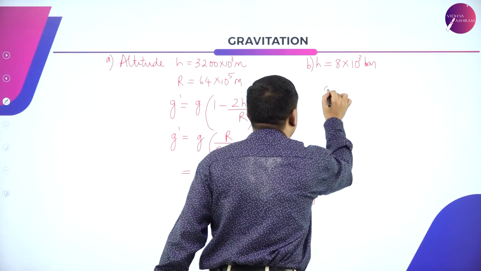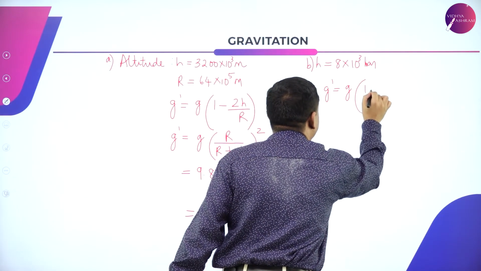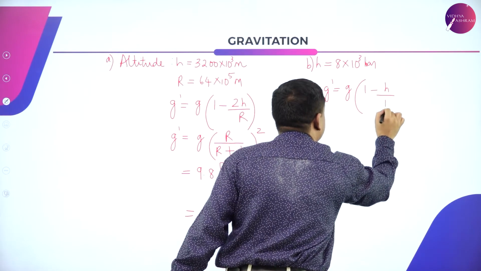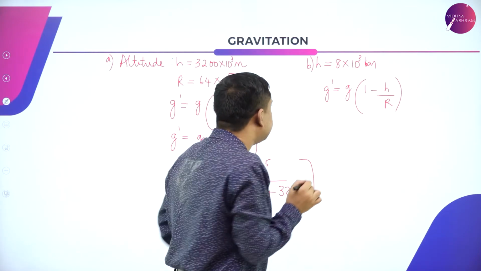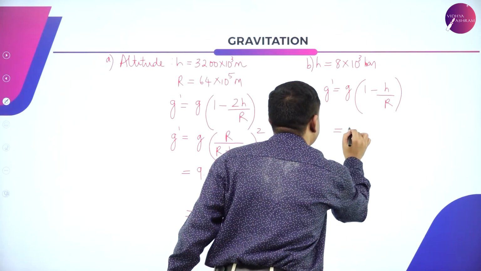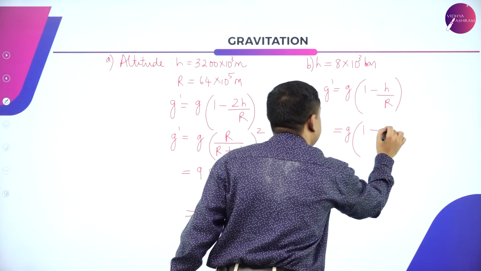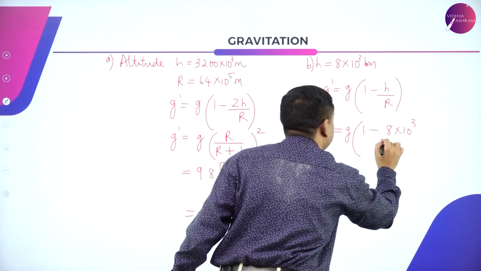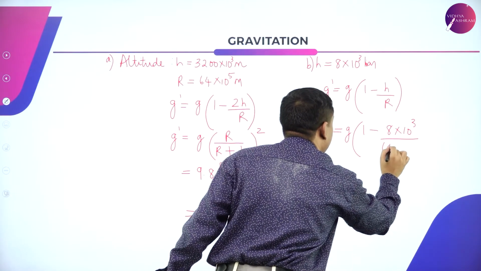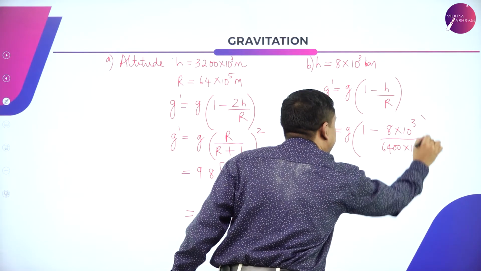So we know here G dash is G into 1 minus h divided by r. This is equal to G into 1 minus 8 into 10 power 3 divided by 6,400 into 10 power 3.